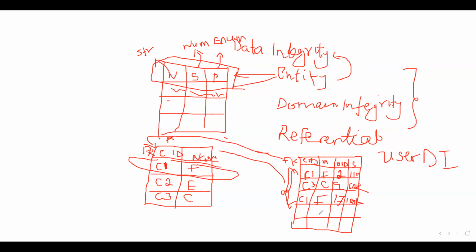Your name will remain the same, but your order ID will keep changing because these are different orders. But in the company's database and customer data, you are just one person.